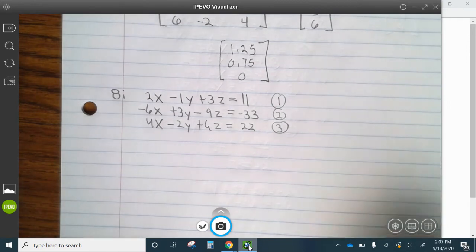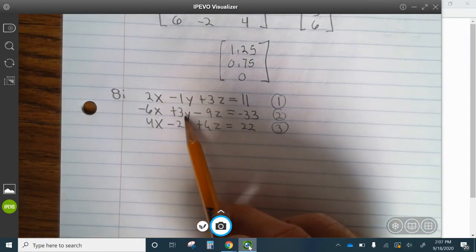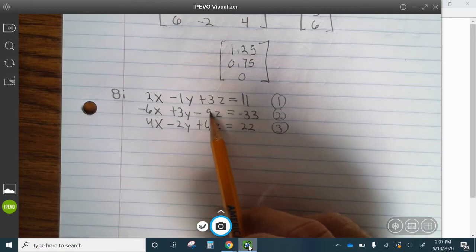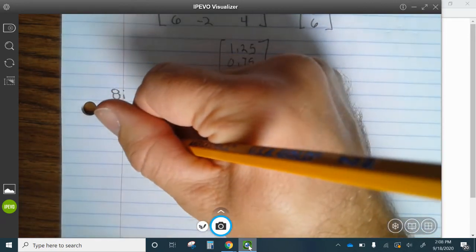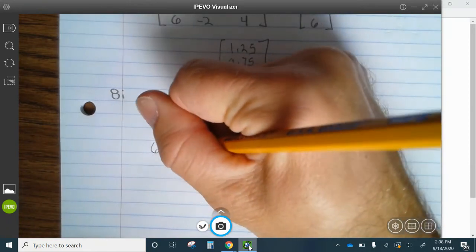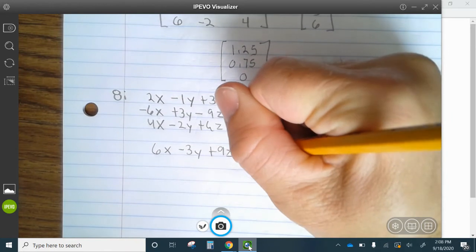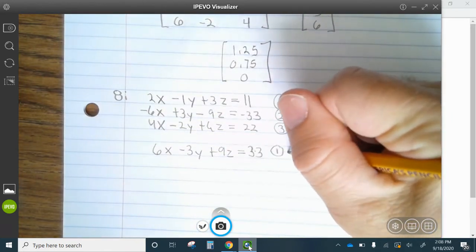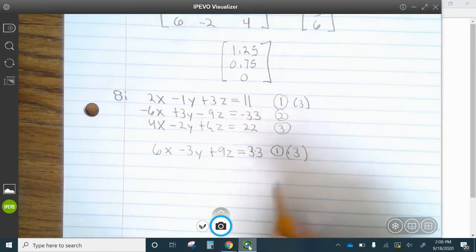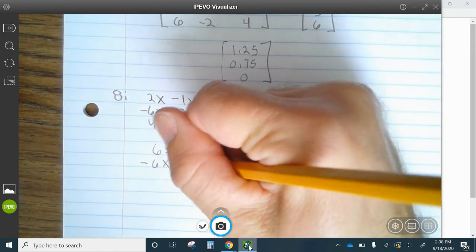Now we just write equation 2. So it's negative 6x plus 3y minus 9z equals negative 33. And that's equation 2. All right. So the x's cancel, the y's cancel, the z's cancel. So you're left with 0 equals 0. That's a true statement. So it's infinite solutions.